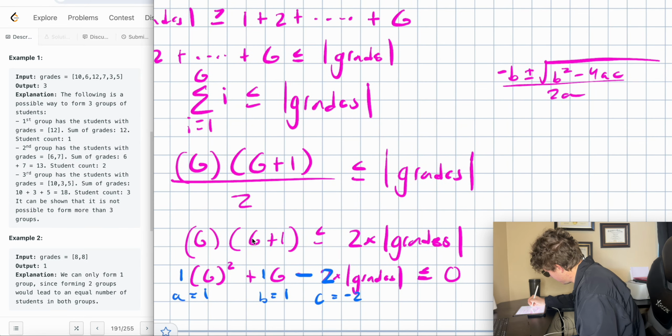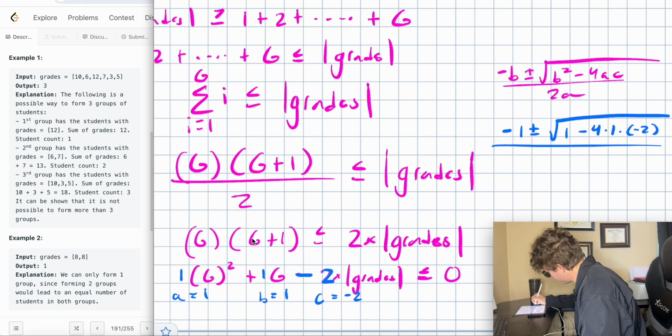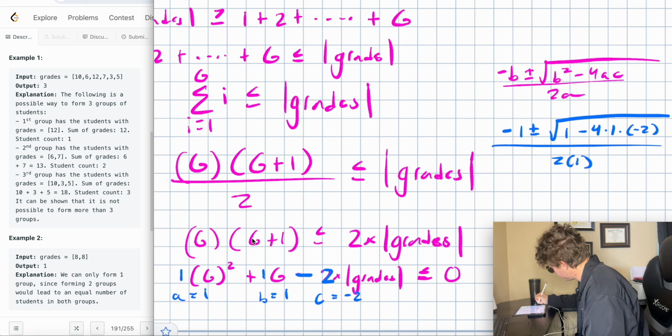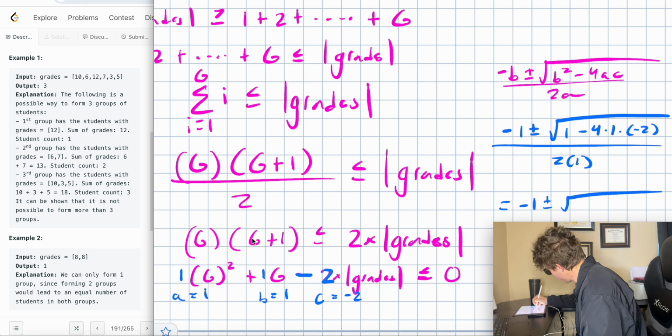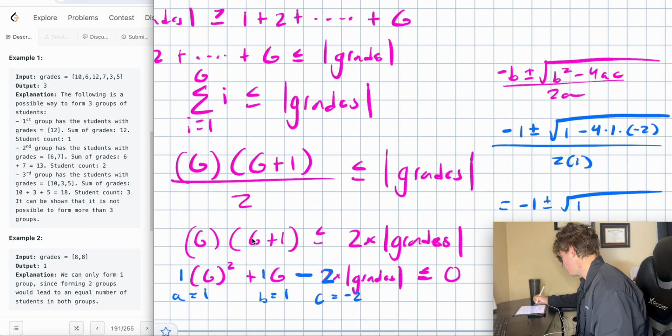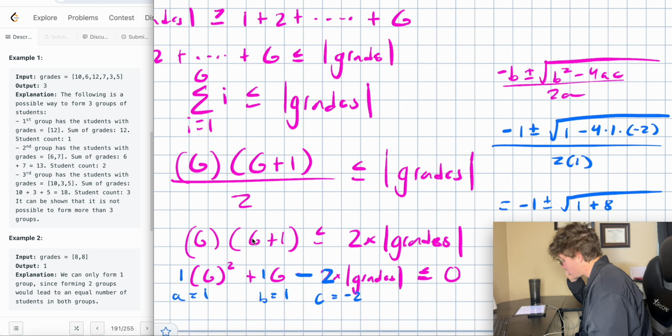So we got negative 1 plus or minus the square root of b squared, which is 1, minus 4. A is 1. C is negative 2. All over 2 times a, which is 1. So that equals negative 1 plus or minus the square root of 1 minus 4 times 1, so that'd be 1 plus 8. Make sure I did this right.